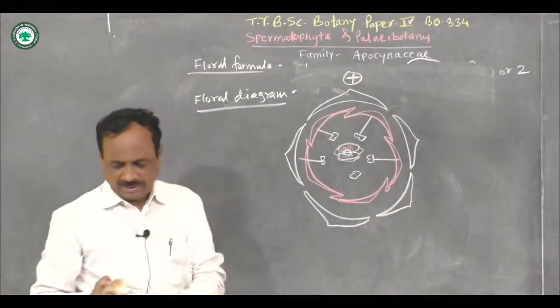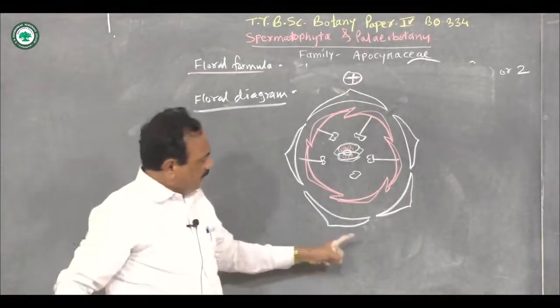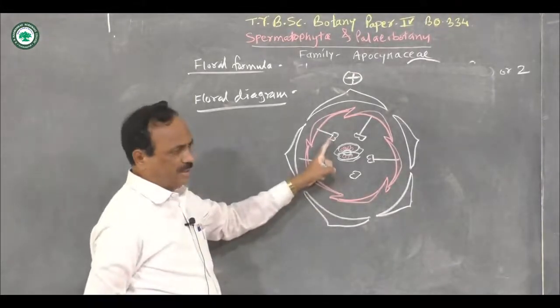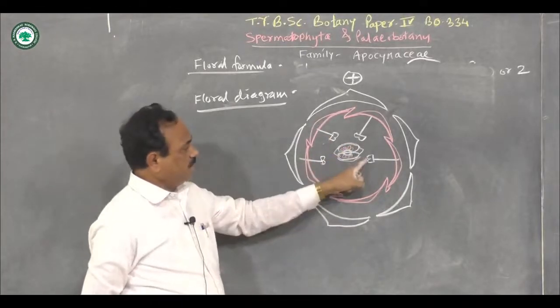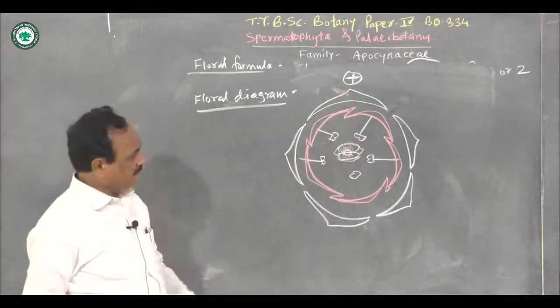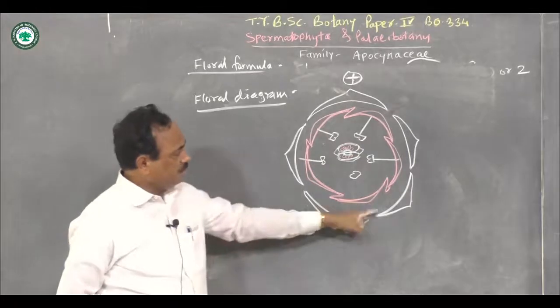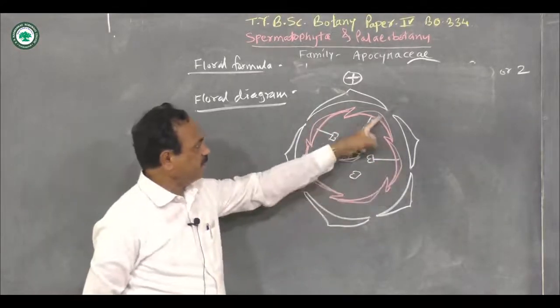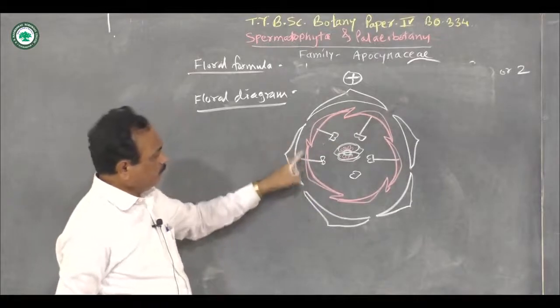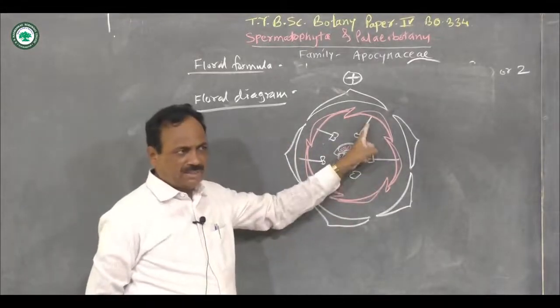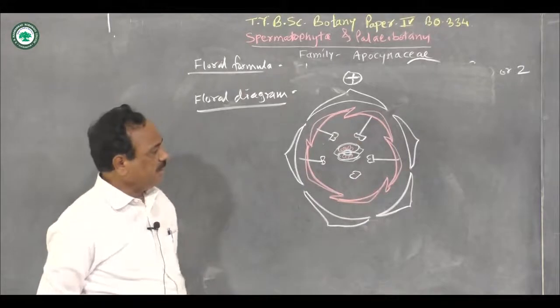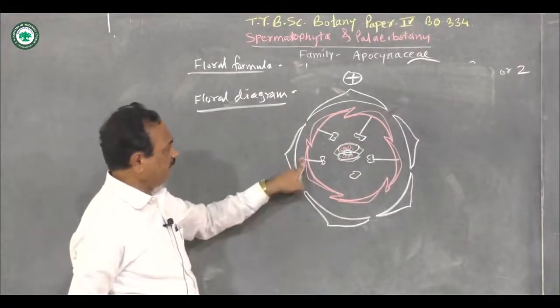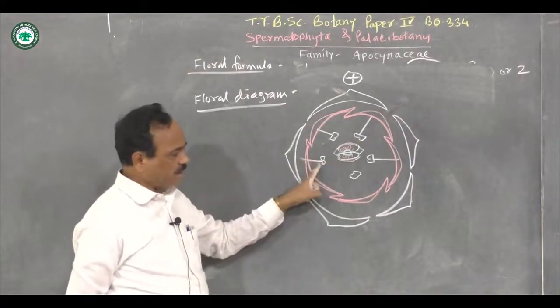So if we read this floral formula, the flower is ebracteate, actinomorphic, bisexual, showing both androecium and gynoecium. Calyx consists of the 5 sepals. The sepals are free, so they are not attached. Corolla shows the presence of the 5 petals. Petals are united, present in the twisted type of estivation. And the androecium consists of 5 stamens.